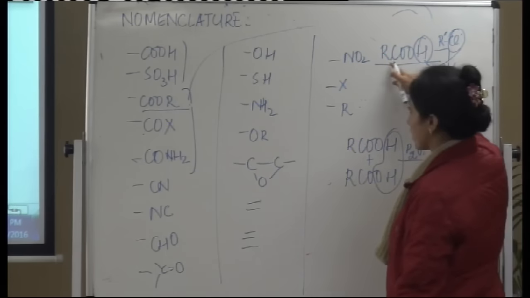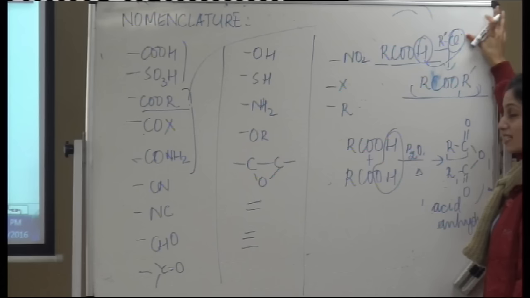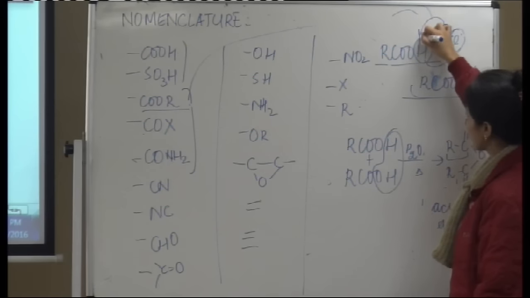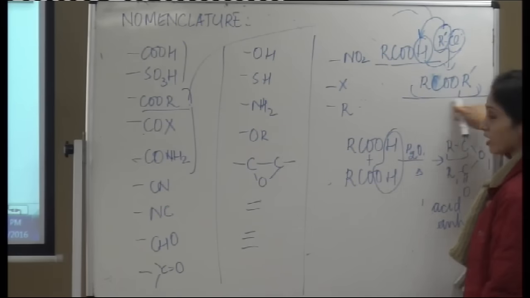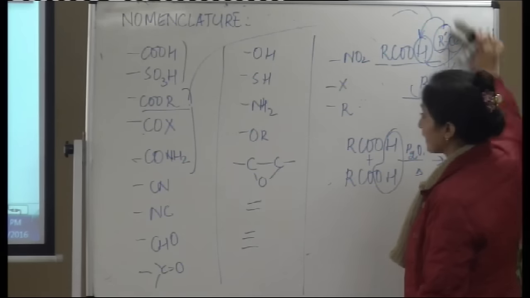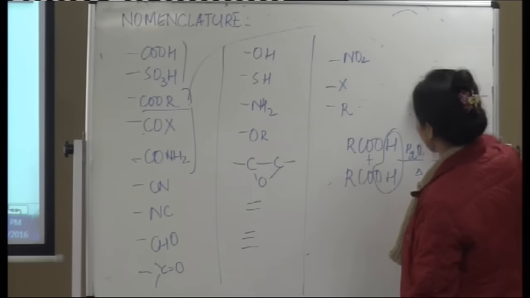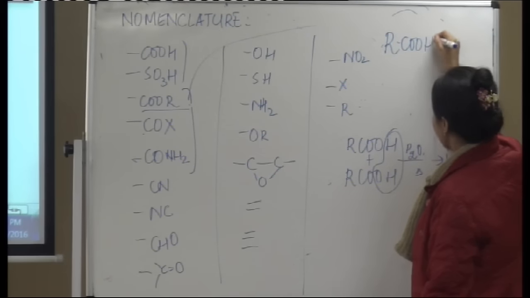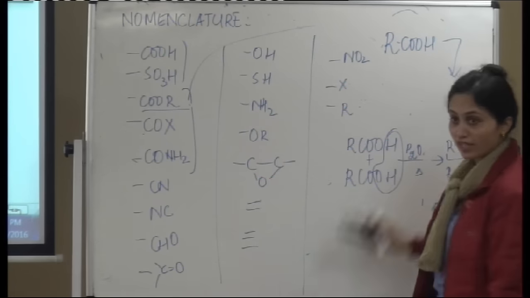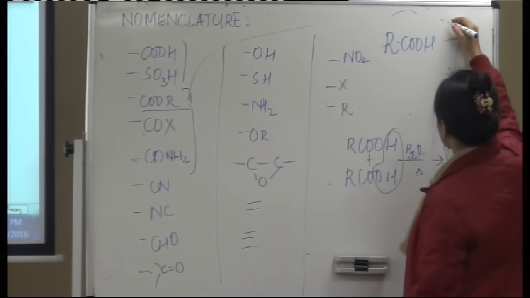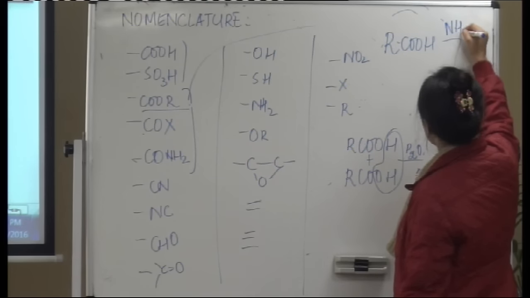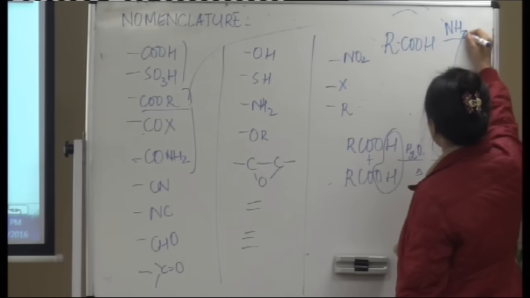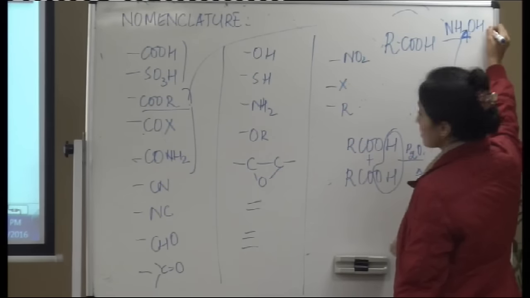So here what you have is RCOOH. When it reacts with some kind of a compound wherein you get an alkyl group substituted in place of H, this is your RCOOR dash. And then similarly you can have your RCONH2 also, for example RCOOH, and you are adding some kind of, say, NH3, which is not suitable, so let me just add NH4OH, that's aqueous ammonia.